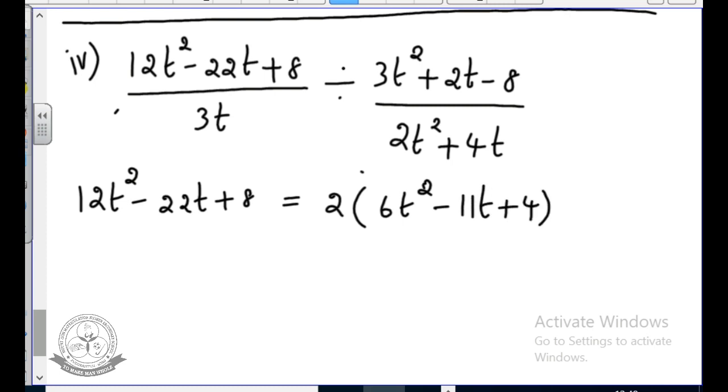So here the multiplication term is 24, the addition term is minus 11. So 8 threes are 24.